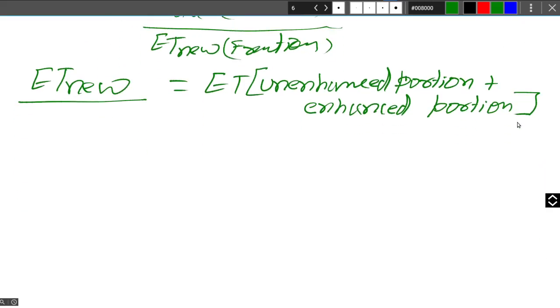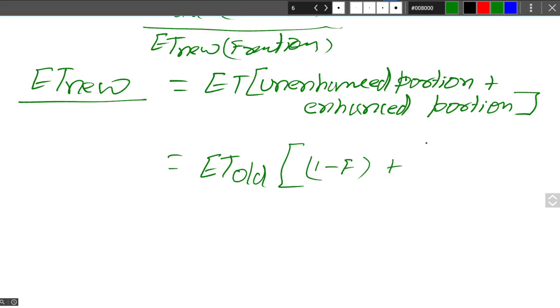So the execution time of these things, what can it be? Execution time means ET old, suppose. Unenhanced portion and enhanced portion. So the unenhanced portion is 1 minus f, the same old time, plus the enhanced portion.